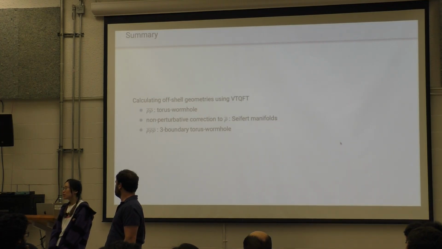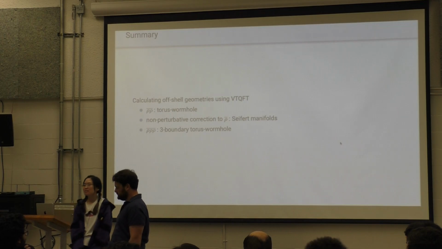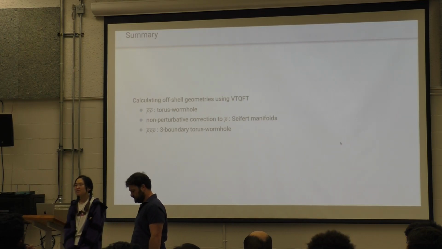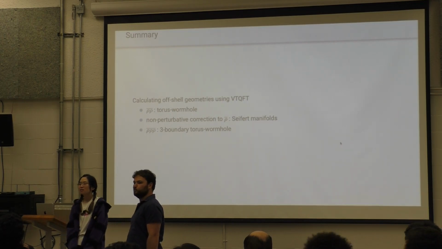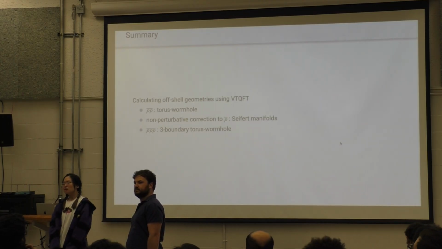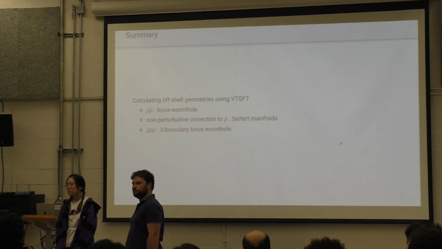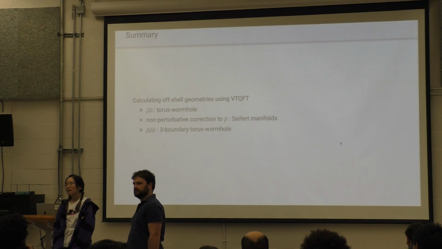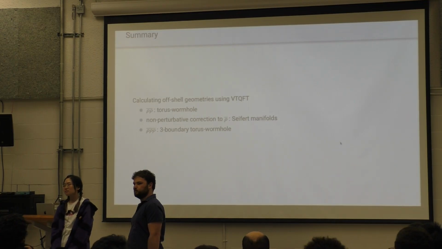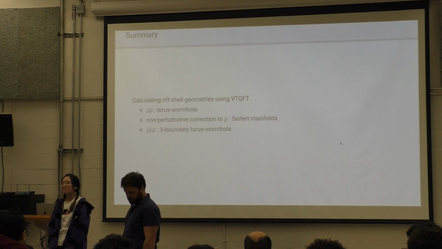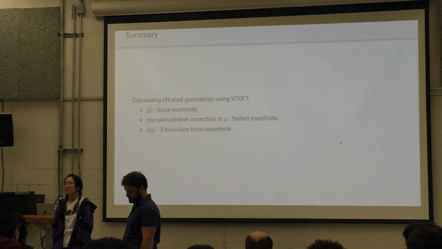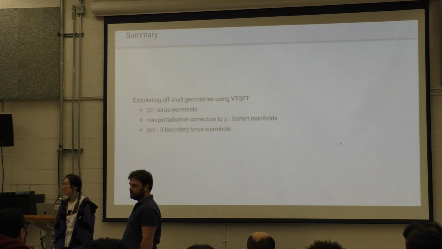That's why it's more difficult for more boundaries. And the second question is, should I view the calculation that you did as not necessarily computing the real partition function, but rather computing the correlation function of some very light operators? Yes, I think so. But for the general manifold, it's not entirely clear.